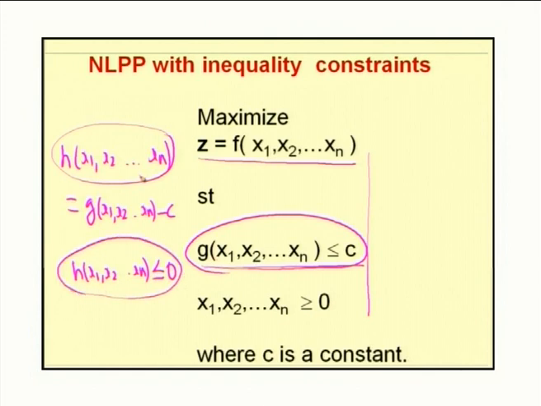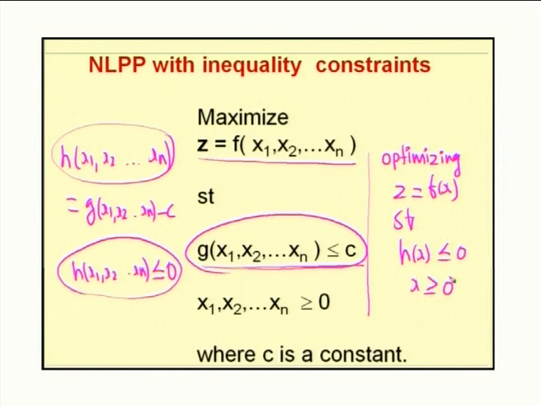So, by taking g minus c as h, the given constraint g less than or equal to c becomes h less than or equal to 0. By this introduction, the given nonlinear programming problem can be written as optimizing z equal to f of x subject to the constraints h of x less than or equal to 0 and x greater than or equal to 0.